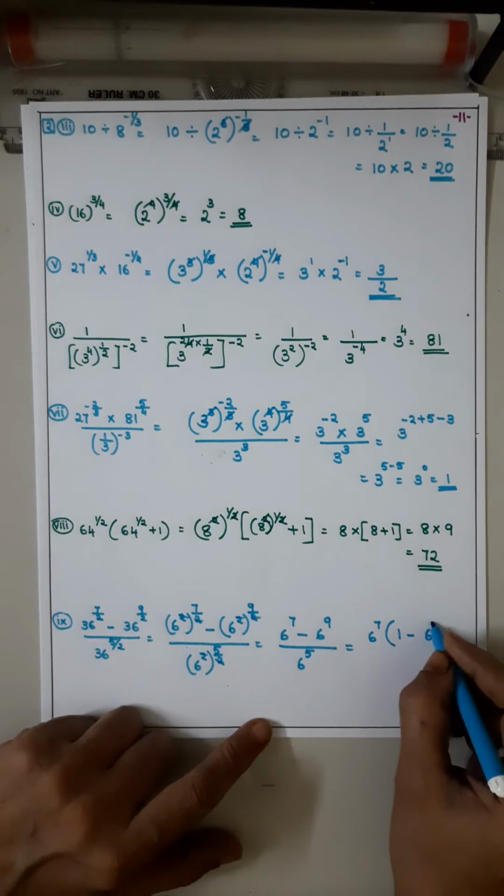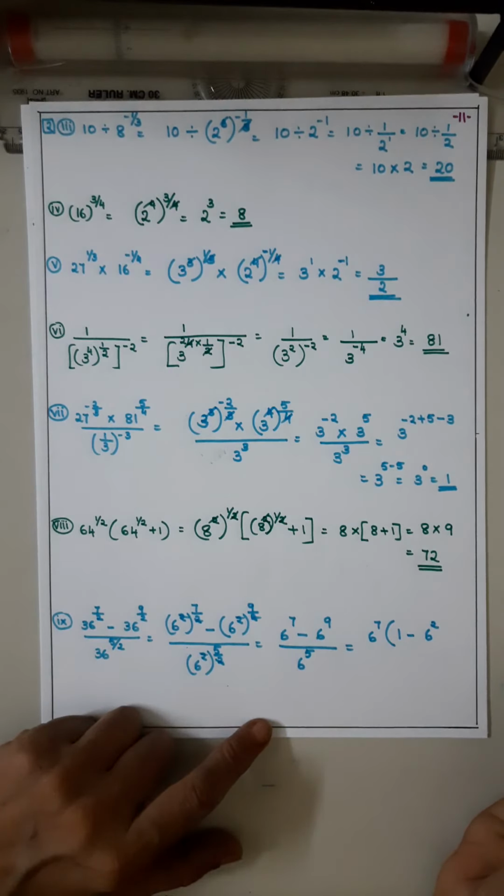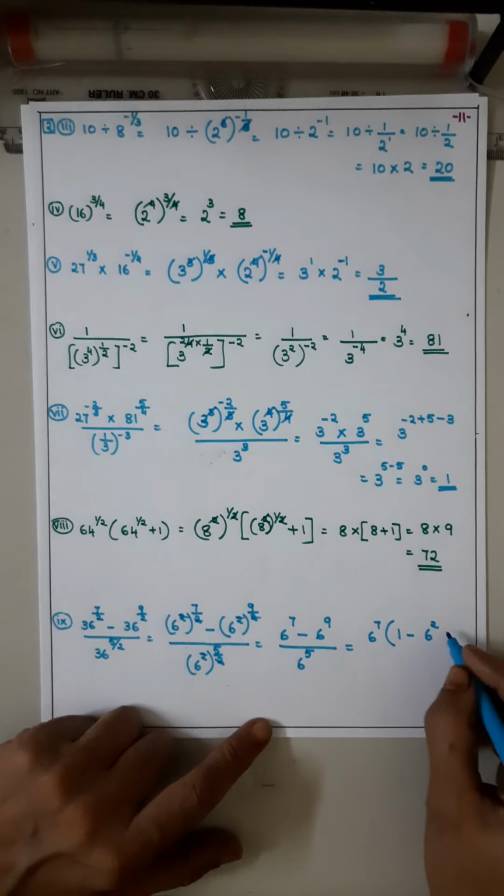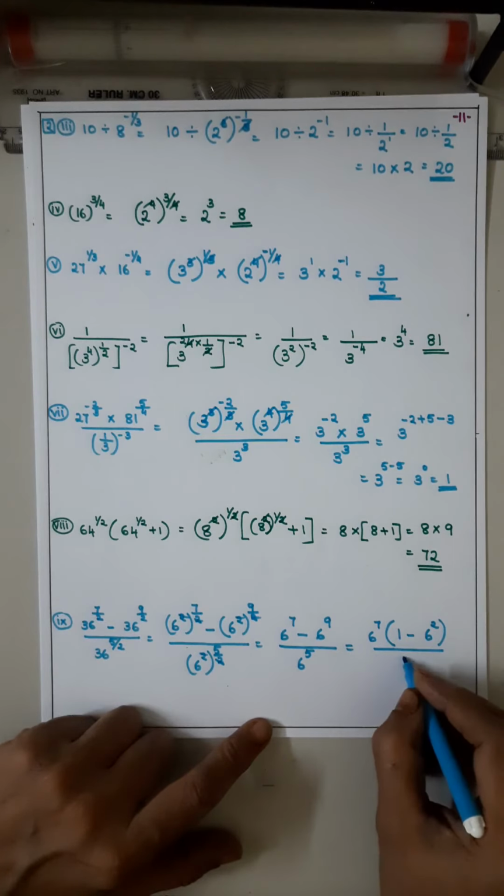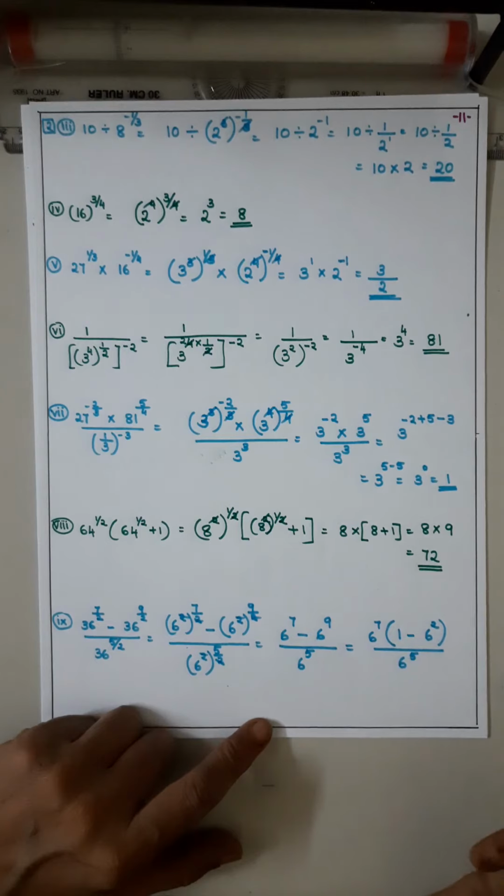It is 2, है ना. 9 minus 7 is 2. अभी डिनोमिनेटर में 6 to the power 5.